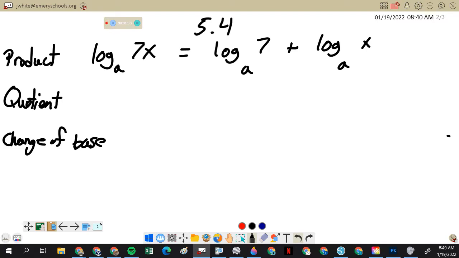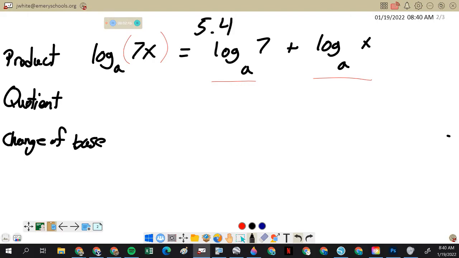So anytime you have a logarithm with 2 numbers multiplying each other, and I should probably put this in parentheses, because the logarithm is an exponent, you can take those two and you can add 2 different logarithms to each other. Likewise, if you have 2 logarithms where the bases match, then you can multiply the 7 and the x together and put it into a single logarithm. So sometimes you want to take a small logarithm and separate it. Sometimes you want to take a big logarithm and condense it. Okay.